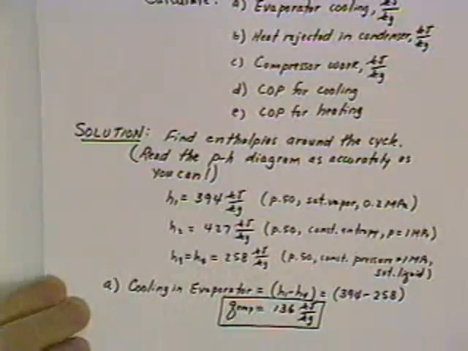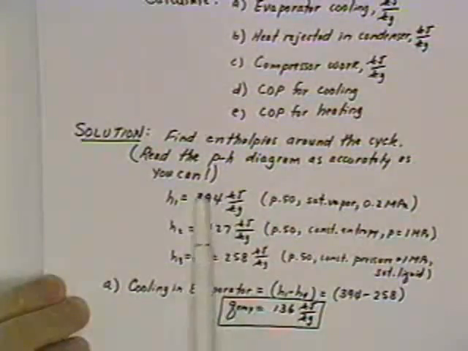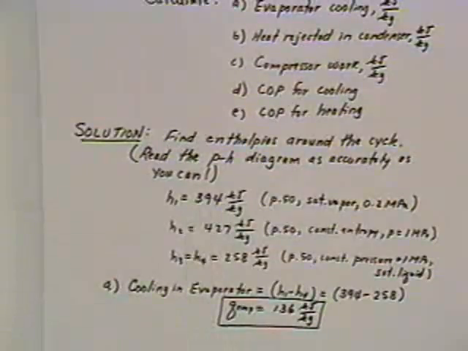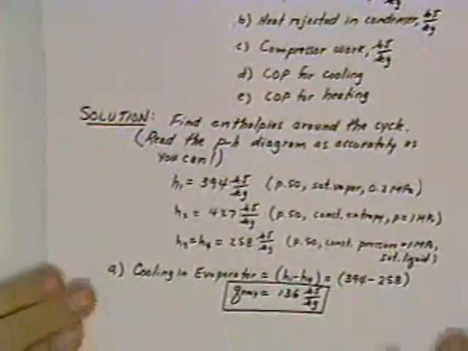The analysis of a real cycle, even the simple cycle we're talking about here, is fairly straightforward once you get the enthalpies, but getting the enthalpies off of the pH diagrams is a challenge.